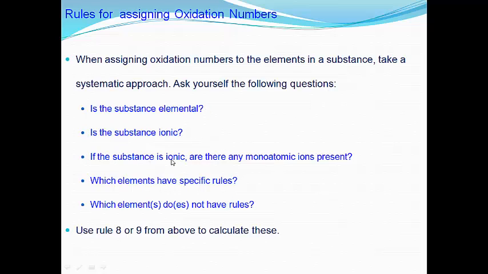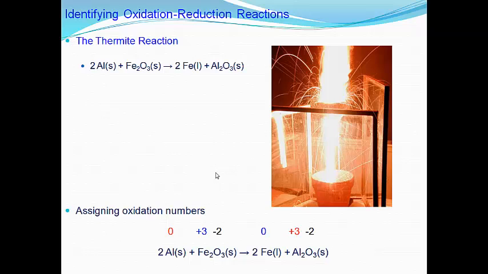If the substance is ionic, are there any monatomic ionic species present? Which elements are related to specific rules, and which elements do not have specific rules? All of these questions will allow you to effectively and systematically assign the oxidation numbers of atoms within specific species in these redox reactions.